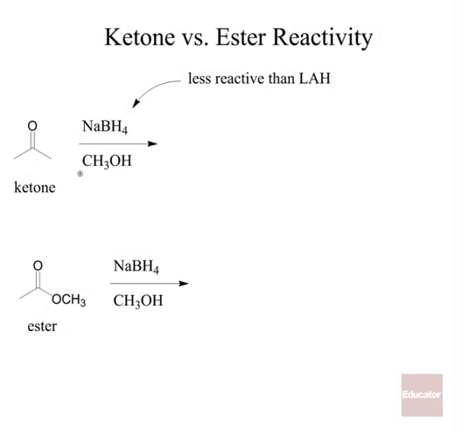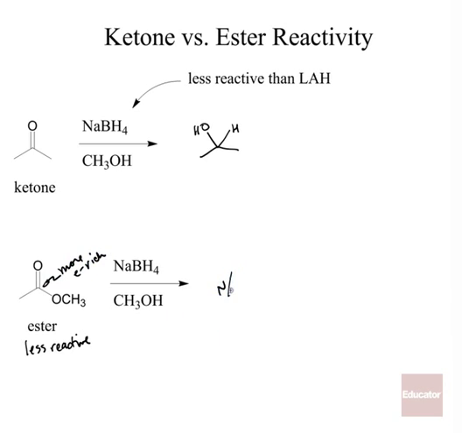And an example that we've seen of this before is when we use sodium borohydride as our hydride source instead of lithium aluminum hydride. LAH is much more reactive. Sodium borohydride is not as reactive. It's still reactive enough to react with a ketone and reduce it to the alcohol. Okay, but if we try to do that same reaction with an ester, the ester, remember, is less reactive because this carbonyl is more electron rich.